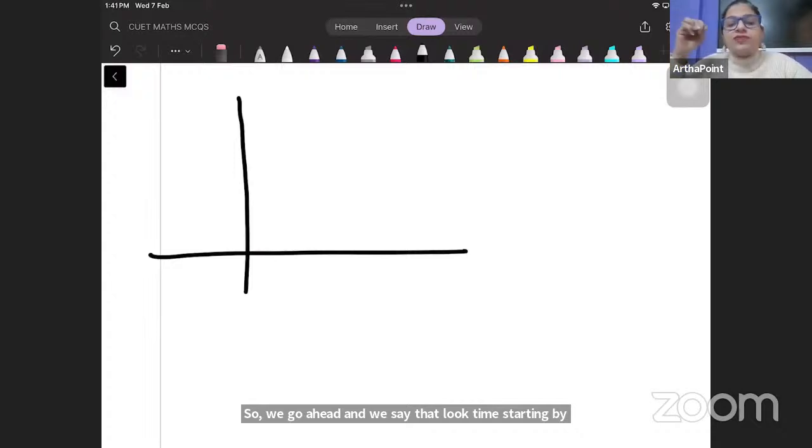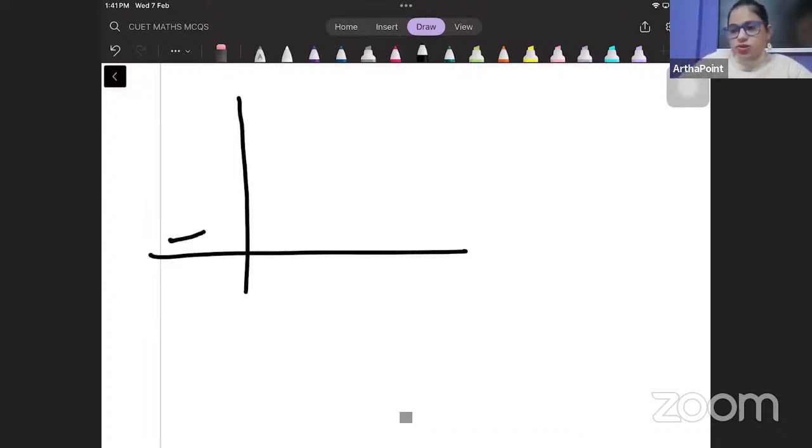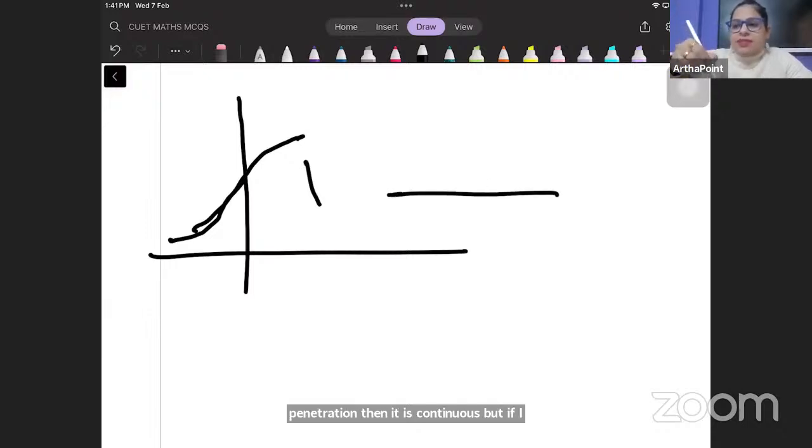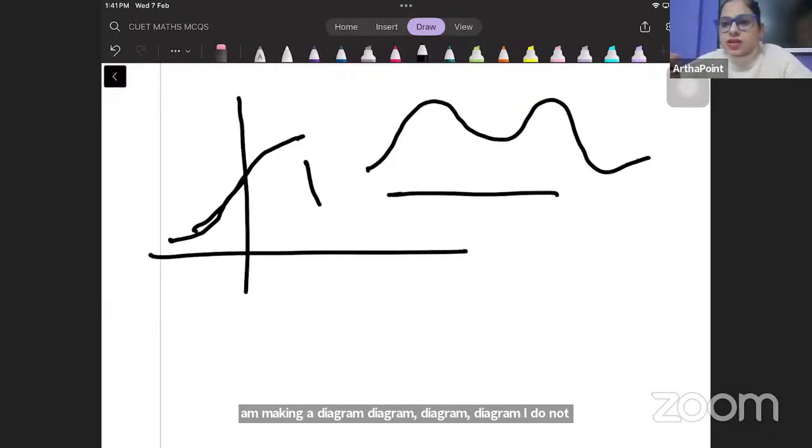If I don't have to lift my pen, just see here, I am making a diagram. If I have to lift my pen and then draw, then it is discontinuous. But if I am making a diagram and I don't have to lift my pen, then it is continuous.